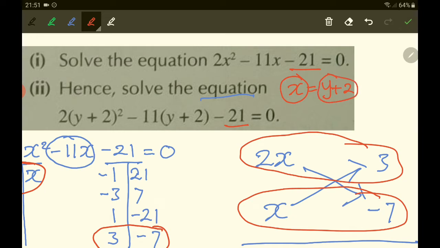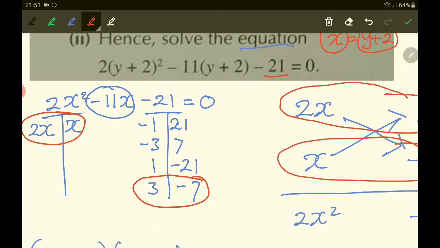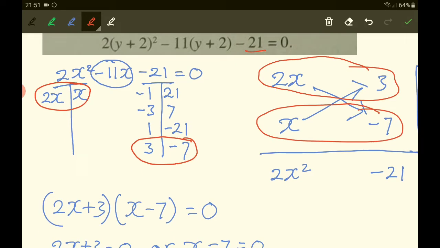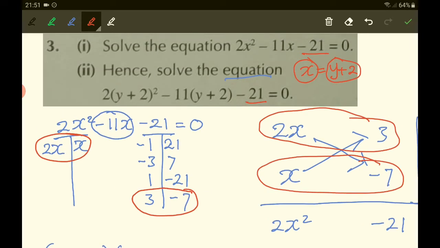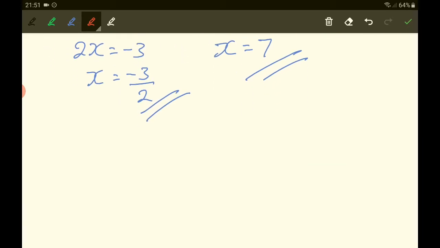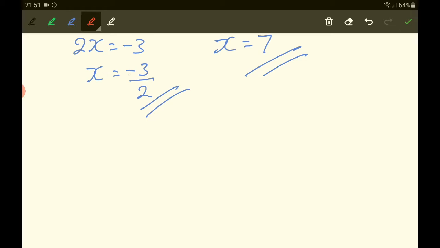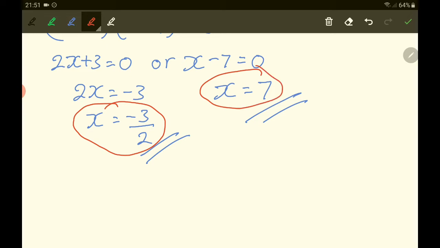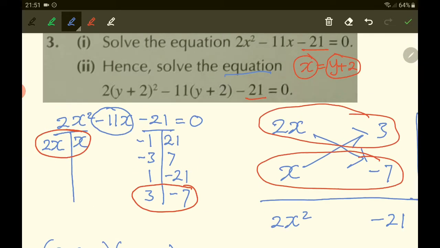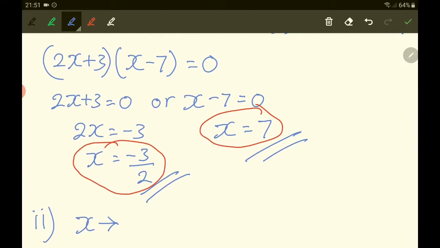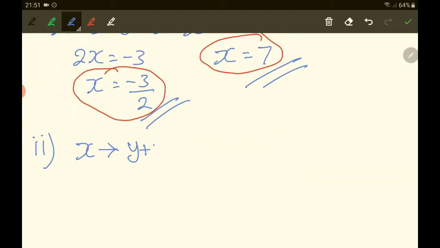So to solve the equation in the second part, we can simply change the x into y plus 2. In the first equation we already got the answer for the two values of x. For answering the second part, we just need to change x to y plus 2.